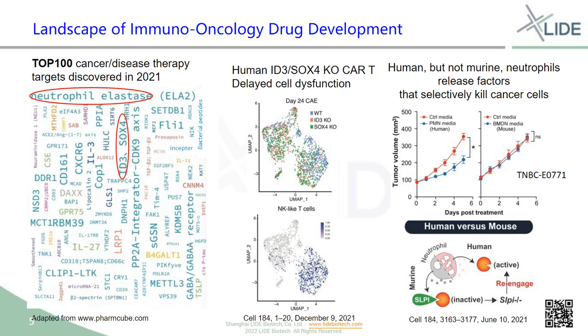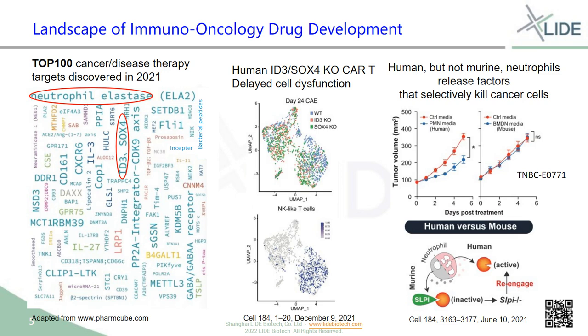Another wonderful novel target is neutrophil elastase. Last year in June, the Leverbeck group from the University of Chicago discovered that human, but not mouse, neutrophils release factors that selectively kill cancer cells while sparing proximal healthy cells.